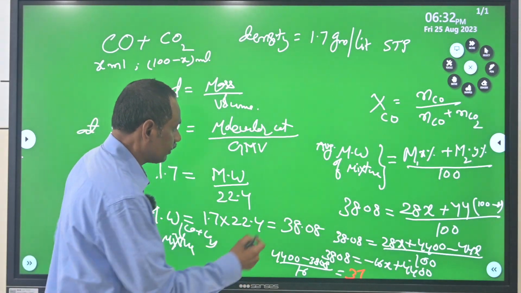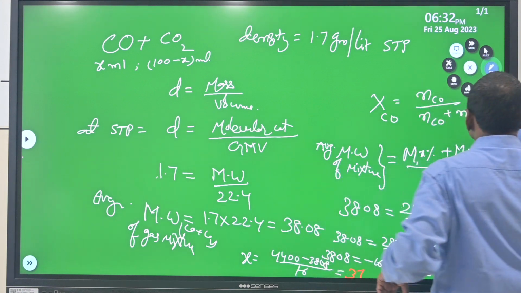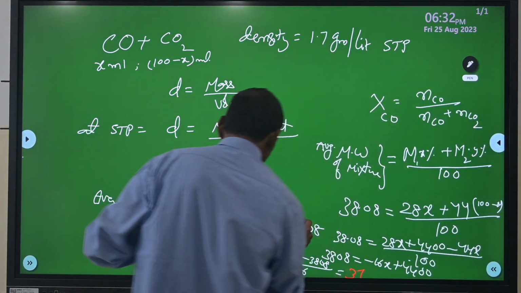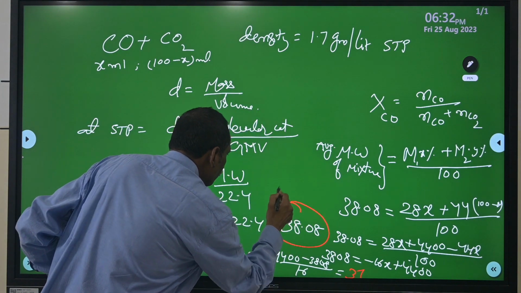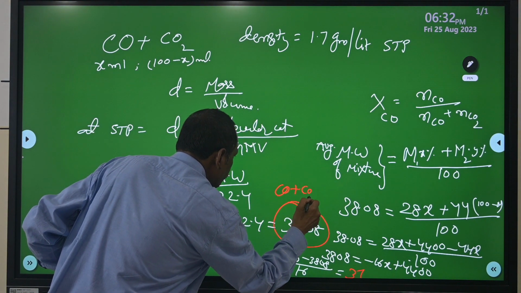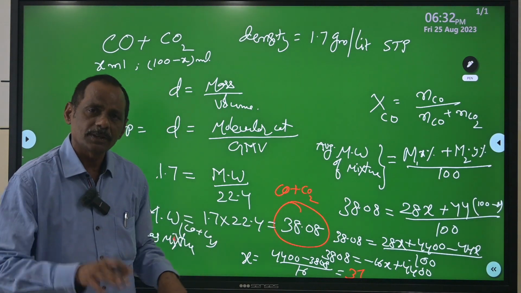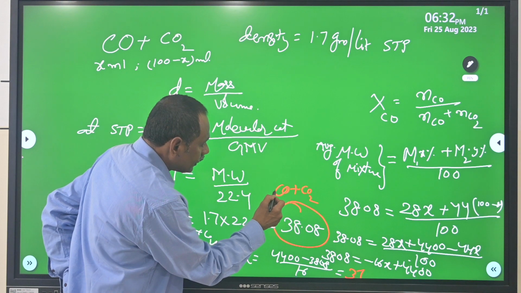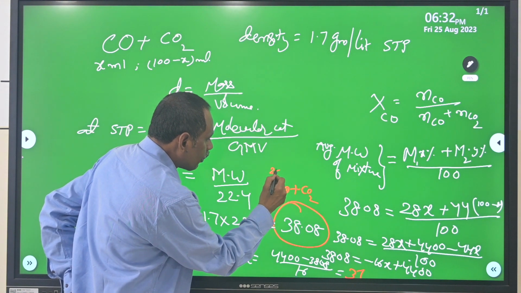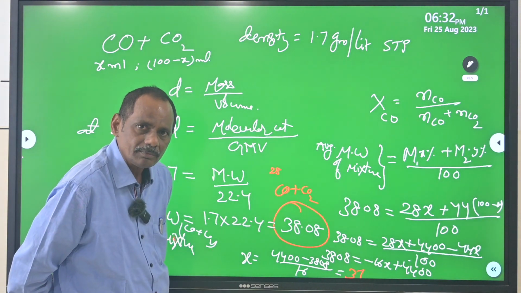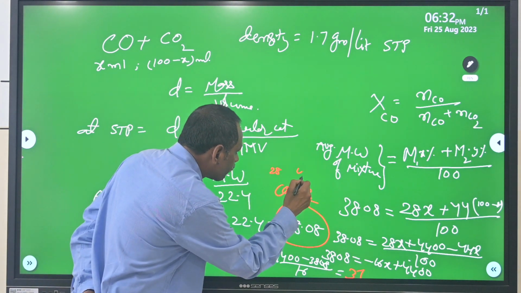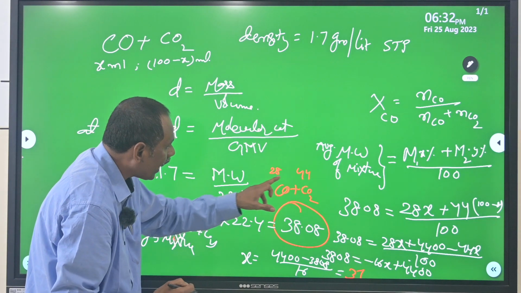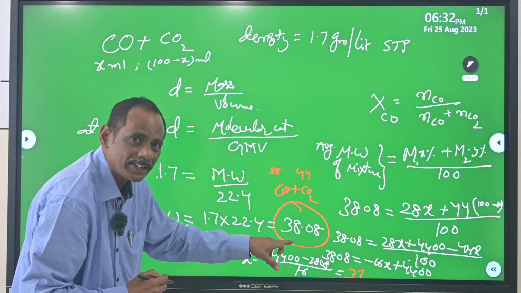Friends, remember, here the average molecular weight of the carbon monoxide and carbon dioxide in the given gas mixture is 38.08. You know that the molecular weight of carbon monoxide is 28 and the molecular weight of carbon dioxide is 44. In that mixture, the average molecular weight is 38.08.